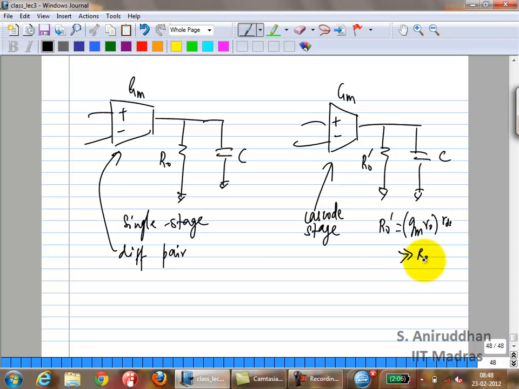Okay. So what is the new omega U prime? It's the same as before, right? What is the new DC gain?